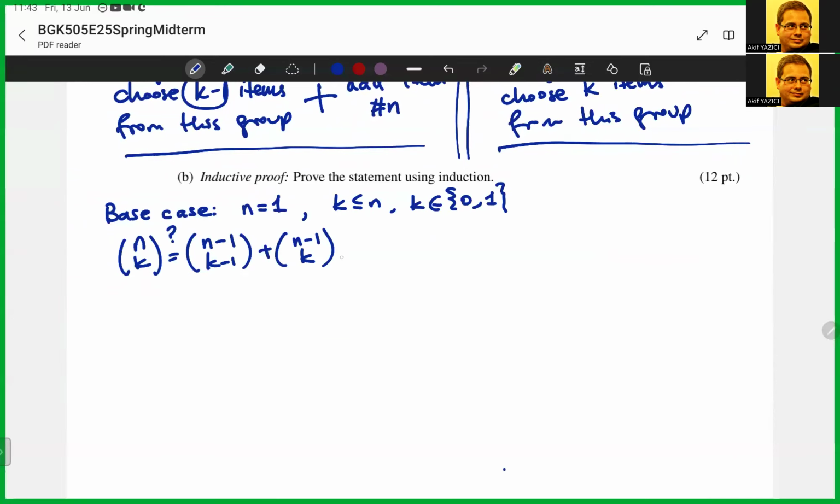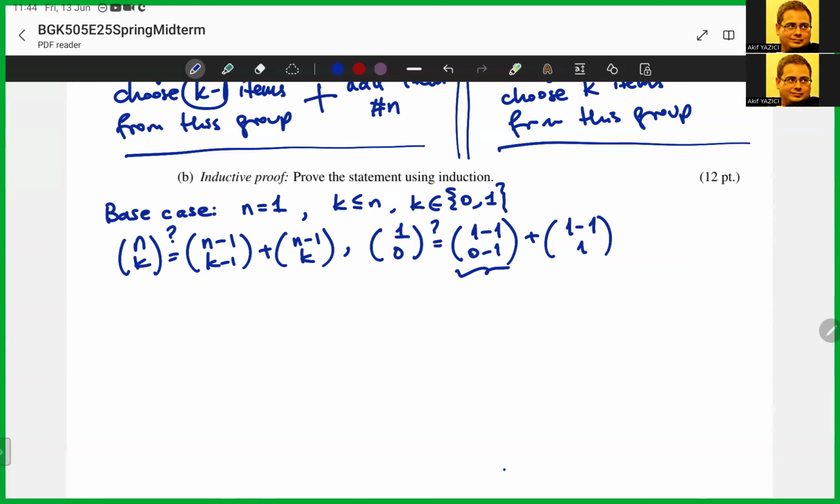Let's plug that in. For k equals 0, n equals 1, is 1 choose 0 equal to 1 minus 1 choose 0 minus 1? This will not be meaningful in this context, since I have a negative number in this expression.